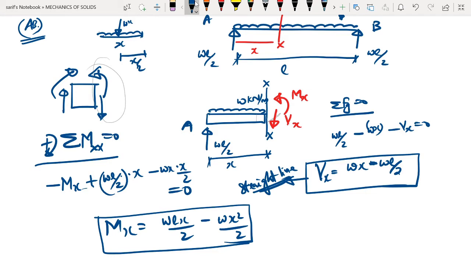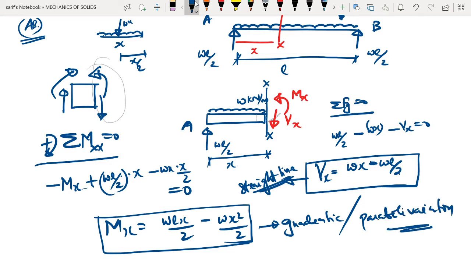The power of the expression is 2, that is, the highest term in this is 2. So y is equal to ax square plus bx plus c is the expression for a parabola or a quadratic variation. So your bending moment diagram will have a parabolic variation.